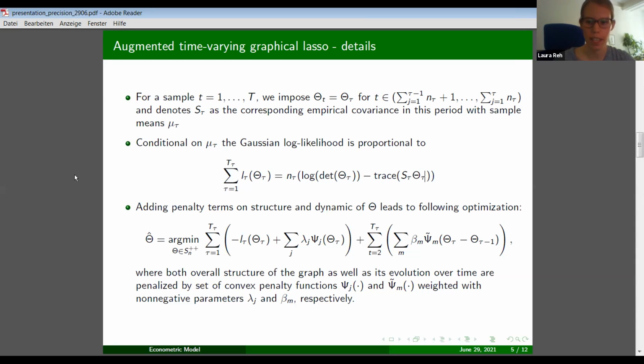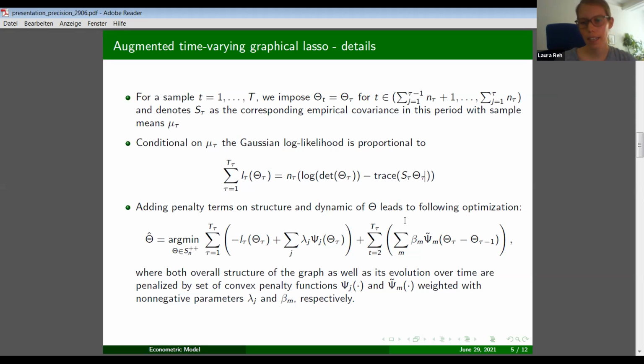The minimization problem then takes the negative of the log likelihood, because we have a minimization problem as usual, and it augments this negative log likelihood in two directions. First, we add a set of penalties psi j for the structure. So this is like in the standard Lasso case, we regularize the overall structure of our theta j's.